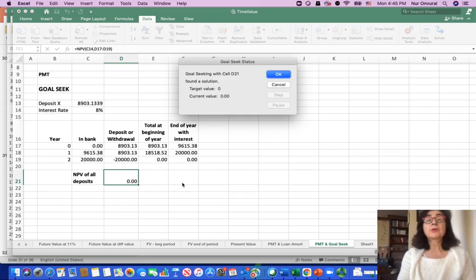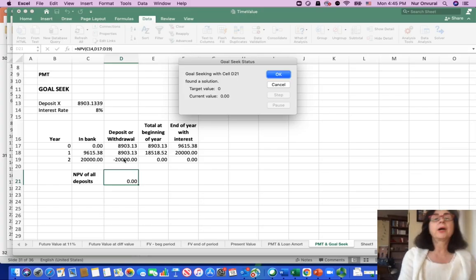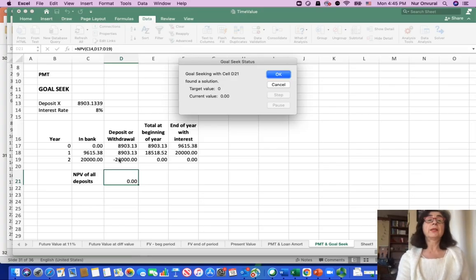So as you can see, Excel set that NPV equal to 0 because at the end of the second year, Mario has $20,000 and he uses that to buy the car.